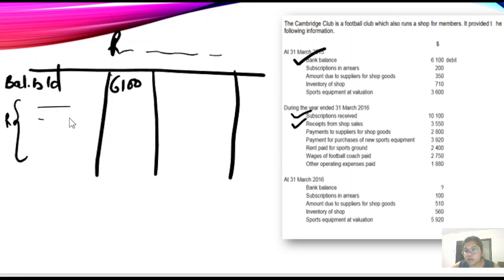So write down here the subscription receipt and receipt from there. So 10,100 and 3,550, and these all are your payments.